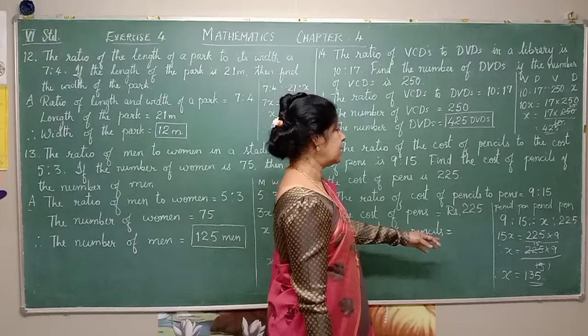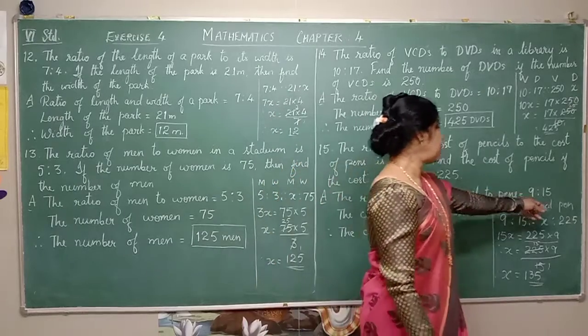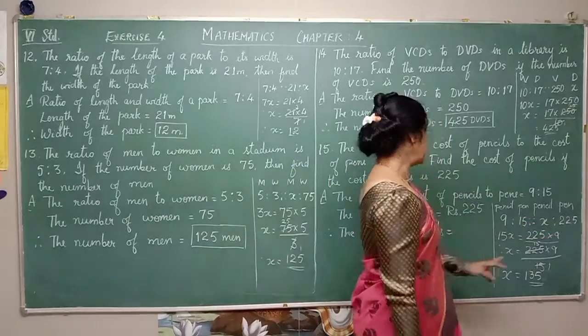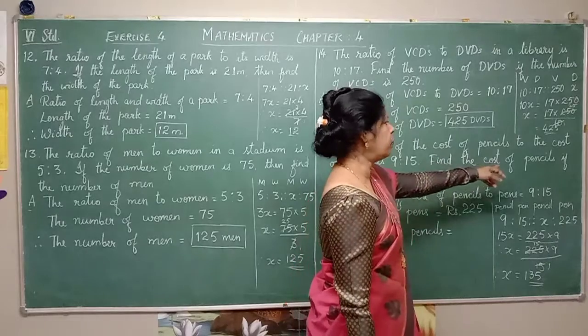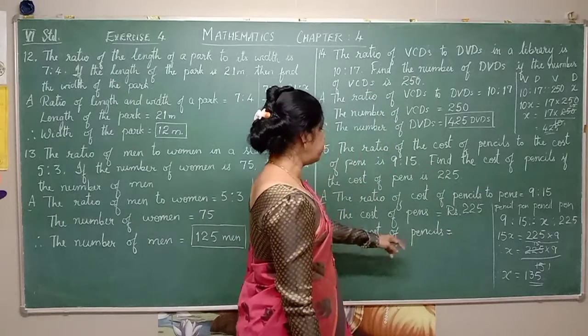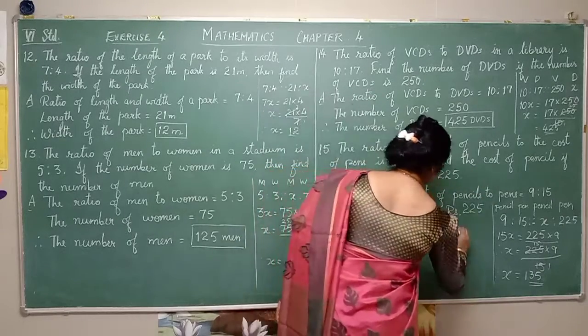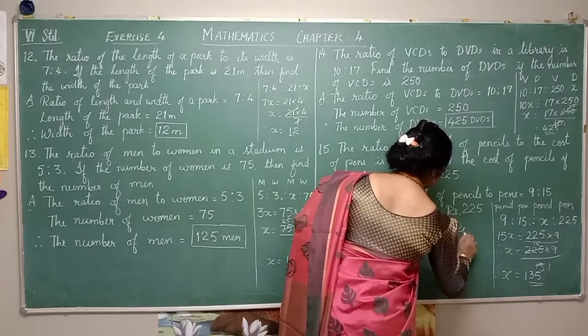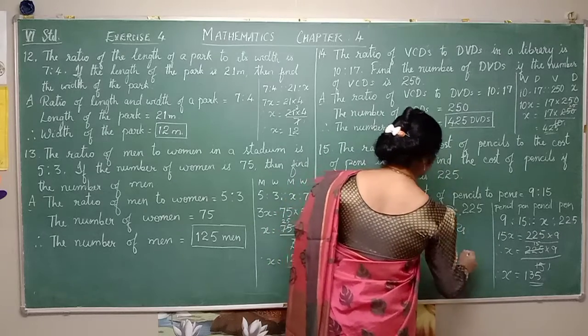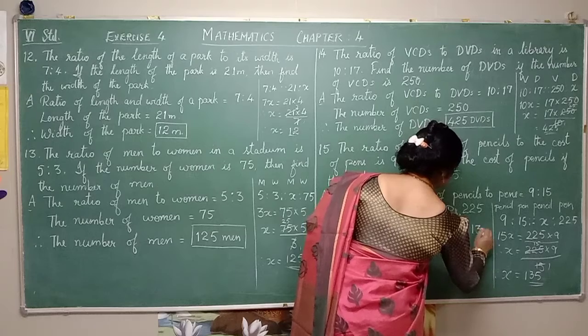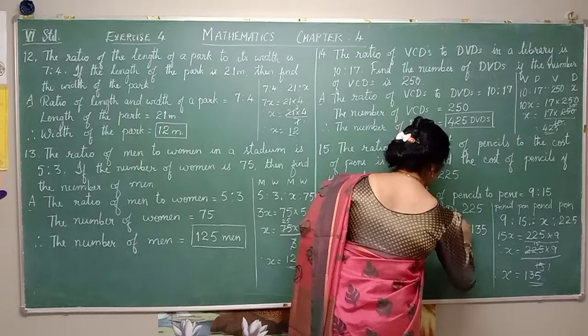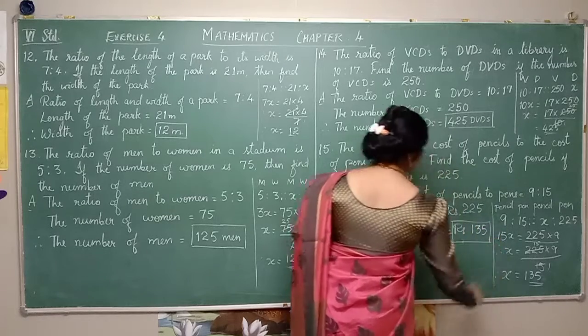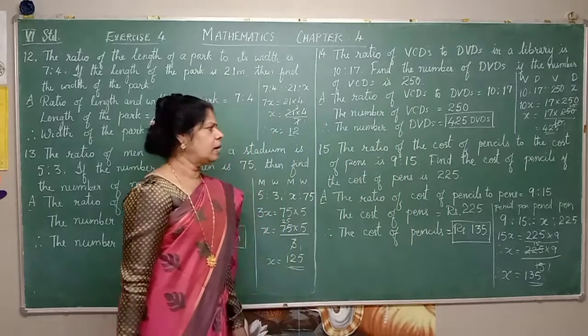What is X? X is nothing but the cost of pencils. They have asked to find the cost of pencils. So the cost of pencils is equal to rupees 135. So this is your answer.